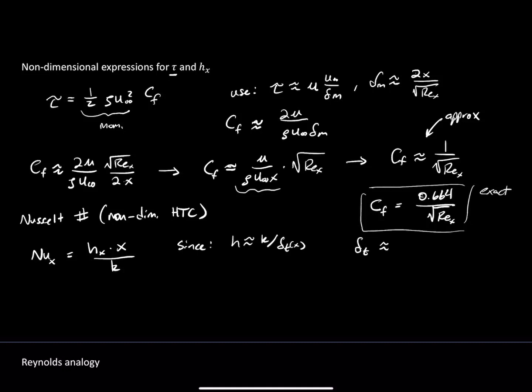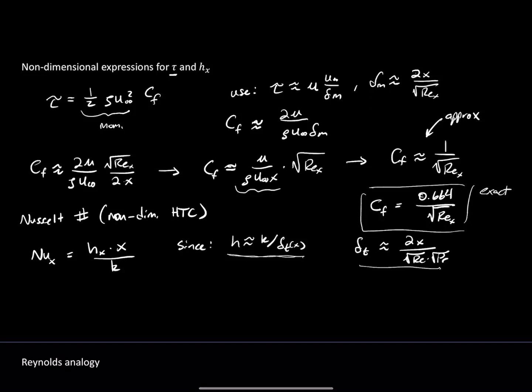before we substitute that in, also note delta t is approximately equal to 2x over square root of Reynolds times square root of Prandtl. This is from the previous slide, just the approximate model we developed. So we're using this approximation and we're using this approximation together.